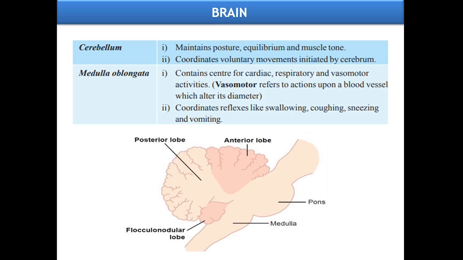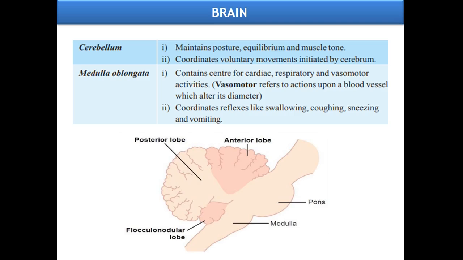While we are standing, sitting or in any other posture, we have to maintain our posture and equilibrium, which is very, very important. It coordinates the voluntary movements initiated by the cerebrum. So the voluntary activities started by the cerebrum are coordinated by the cerebellum.